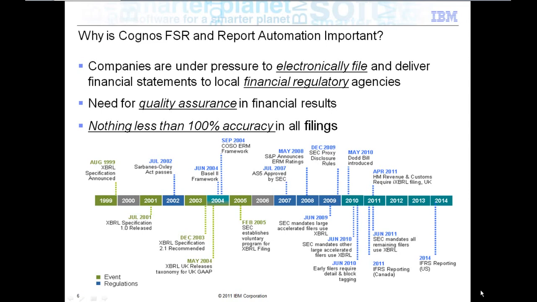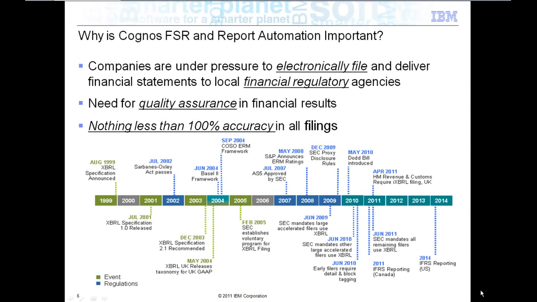You can take a look at our second timeline here of the day, and effectively XBRL and the specification was announced going back almost basically a decade and a half, or just over a decade now, and that has substantially grown in different areas of the world.